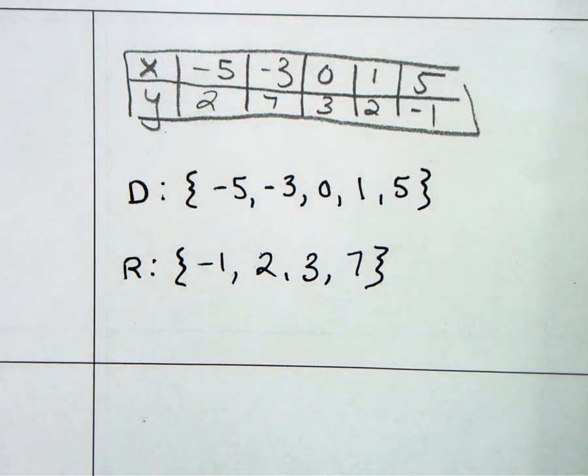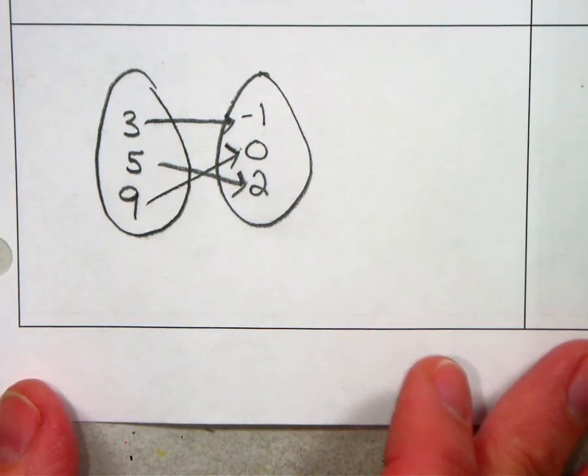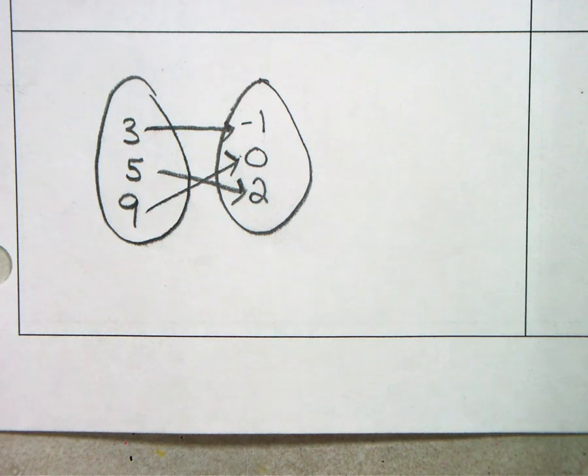Okay. So the last one that we're going to do is a mapping diagram. So we did a set of points. We did a table. So the next one you're going to see is a mapping diagram. So that's what this looks like. We saw one of those last week. Again, we're just doing domain and range.